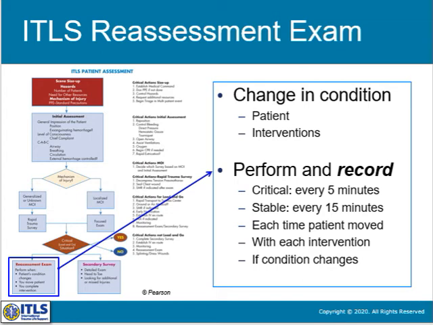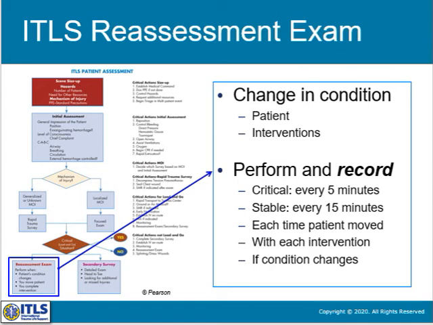So make sure we're looking for changing conditions on your reassessment exam. Go through the patient conditions and perform any interventions, or note if there's any changes. Critical patients get reassessed every 5, stable every 15. Remember that. Critical every 5, stable every 15.